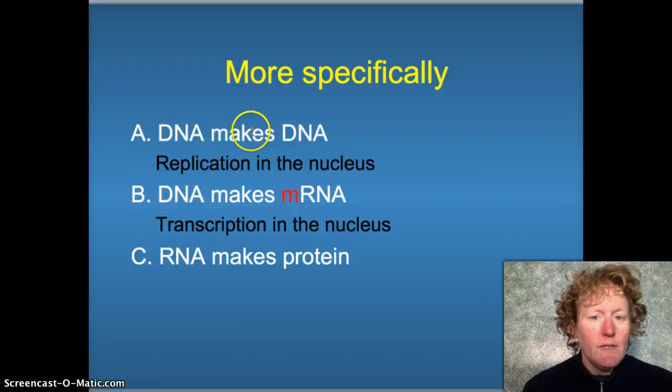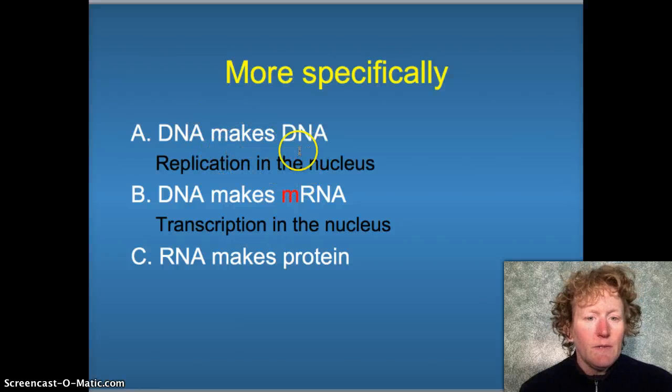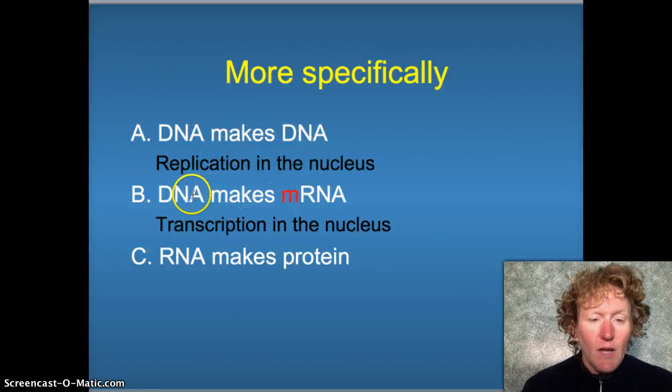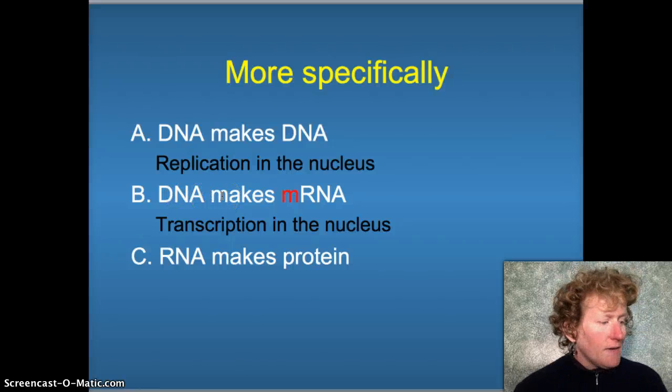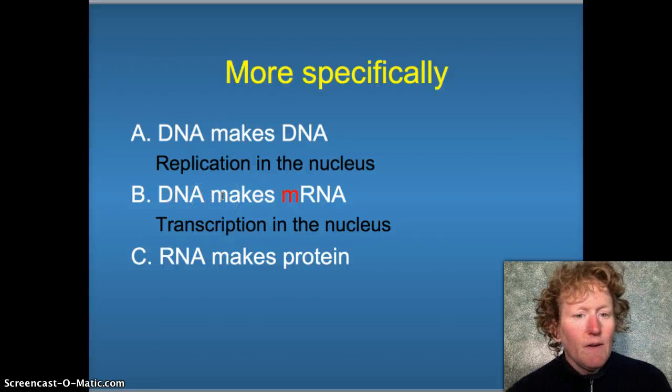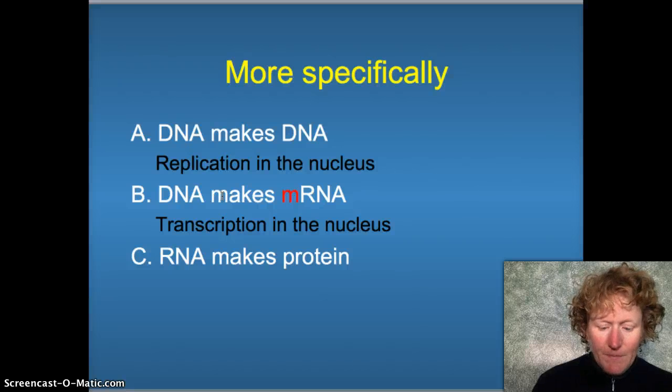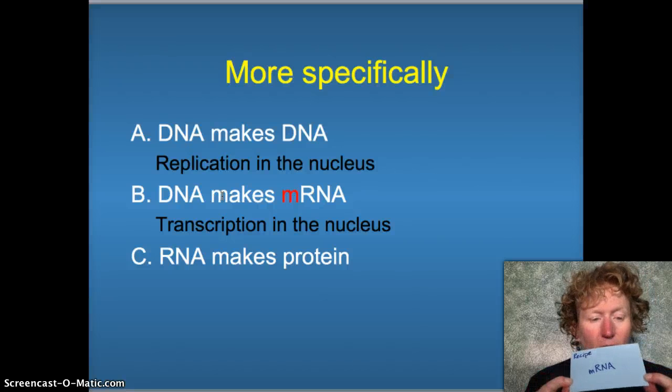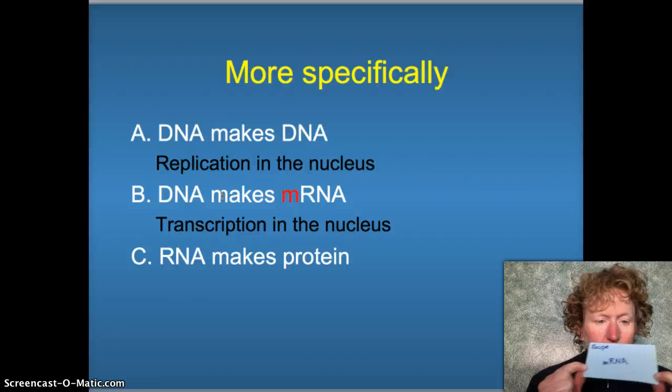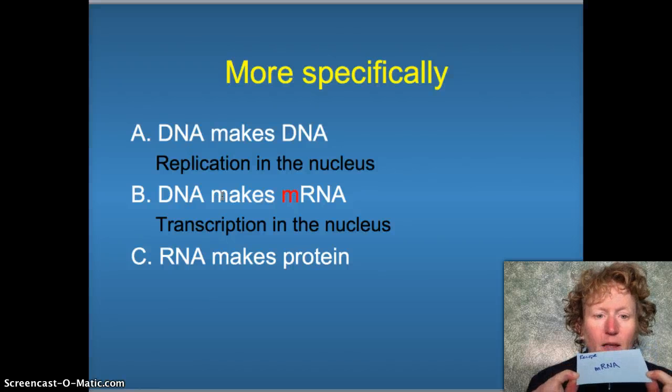We've talked about how DNA makes DNA, that happens in the nucleus. We've talked about how DNA makes RNA, how the big book of how to cook everything, which is your DNA, gets transcribed into a smaller, single-stranded recipe card that can travel outside the nucleus.